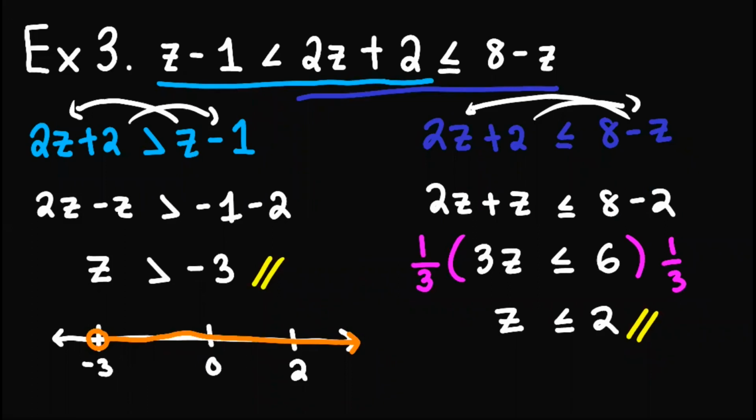For the other one, z is less than or equal to 2, then we know that 2 is included and it is less than. There. And again, our goal is to find their intersection. So their intersection is actually this one out here.